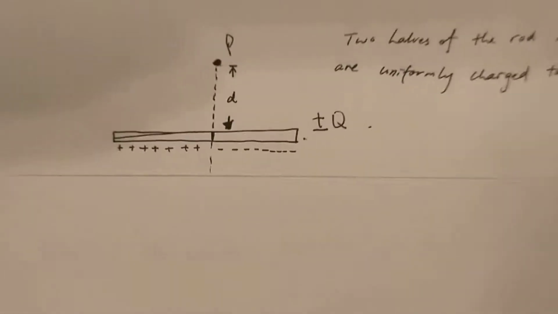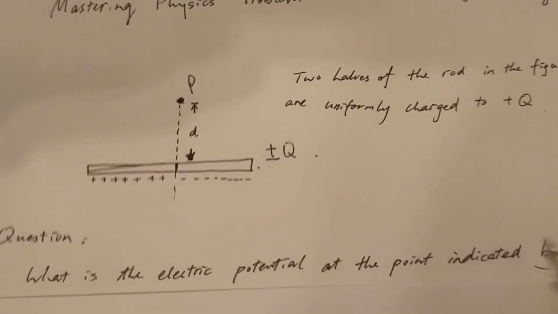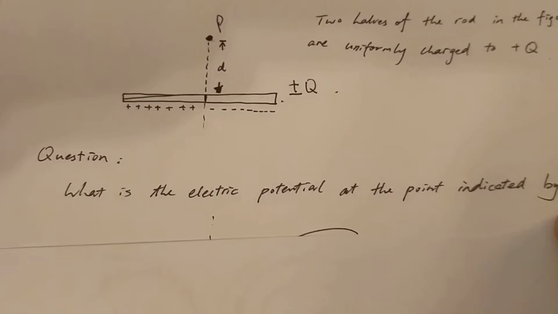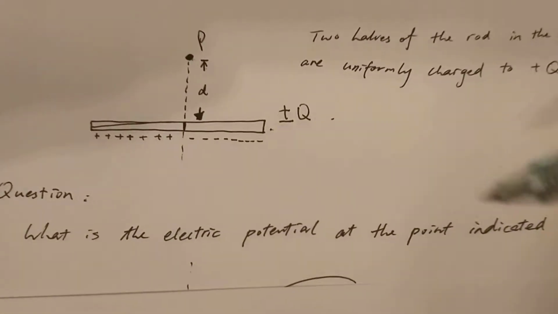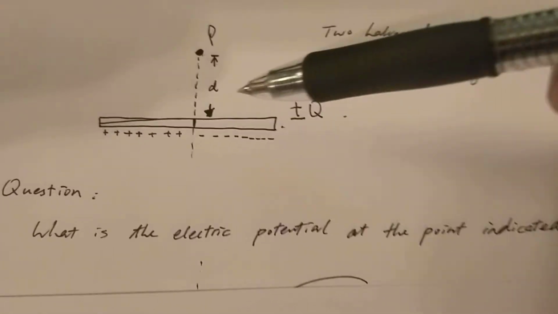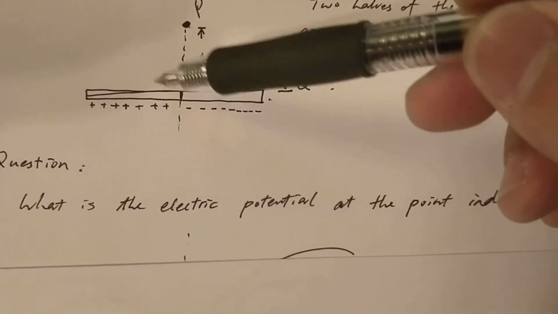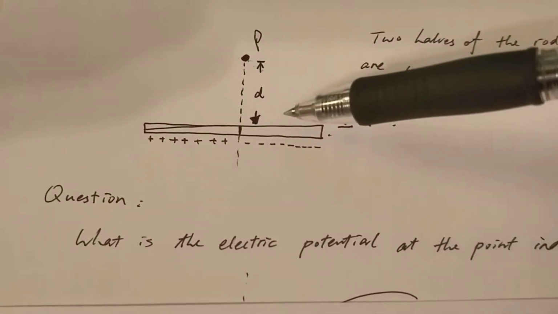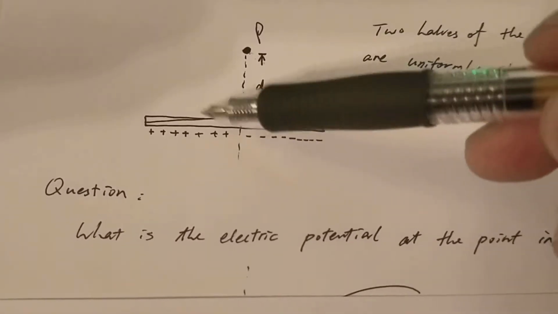When we read the question, I immediately noticed it specifically mentions uniformly charged, which means an even amount of positive charge and an even amount of negative charge distributed on this rod.